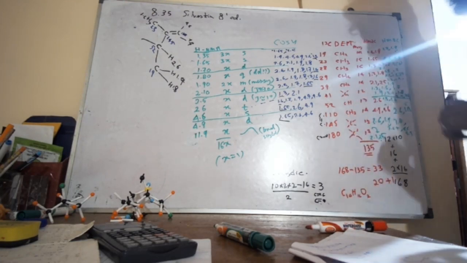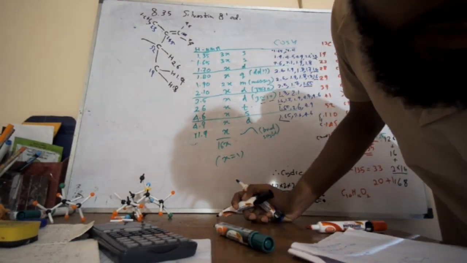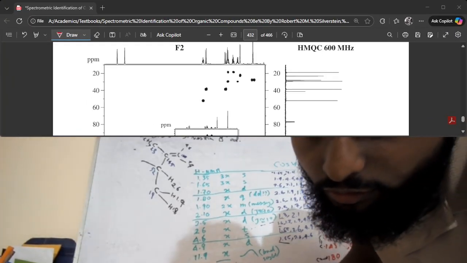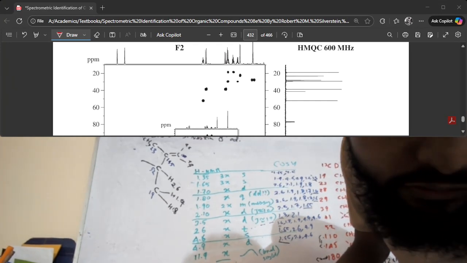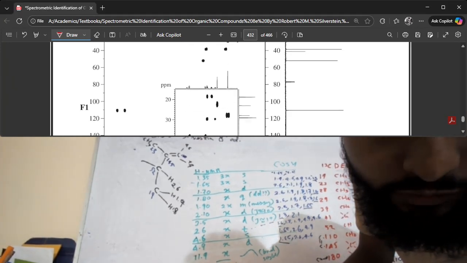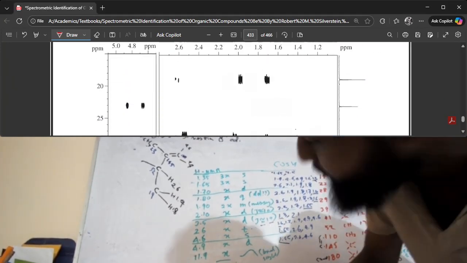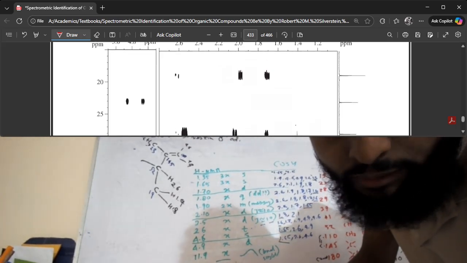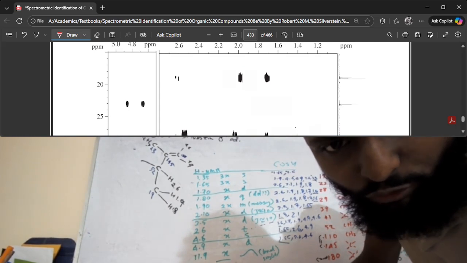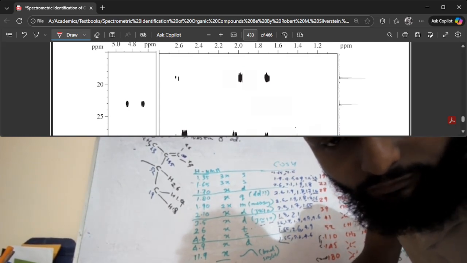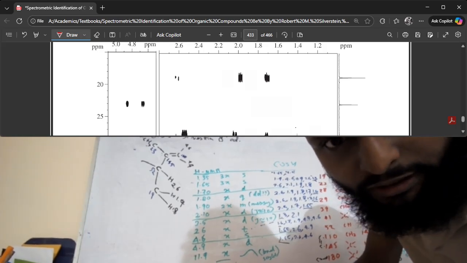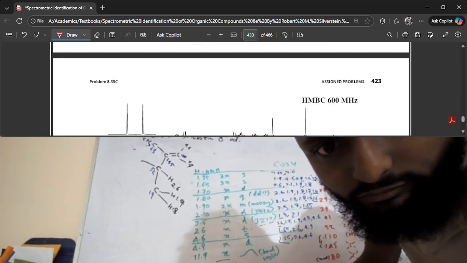So maybe we could visit the HMBC for a second and see if it has any interesting information. In the HMBC, we are trying to figure out carbon 19, the shortest carbon. You see, there's a bit of something over there that's an indication that maybe we've got it right.